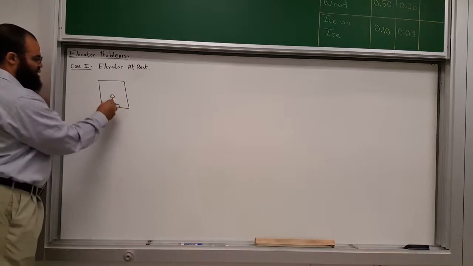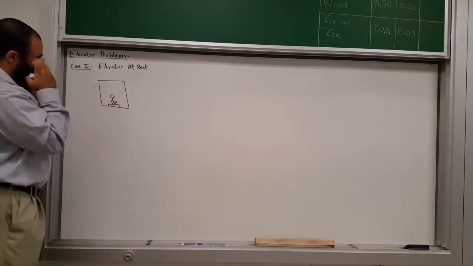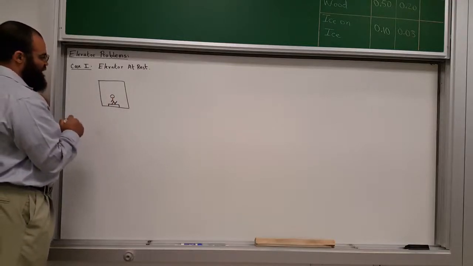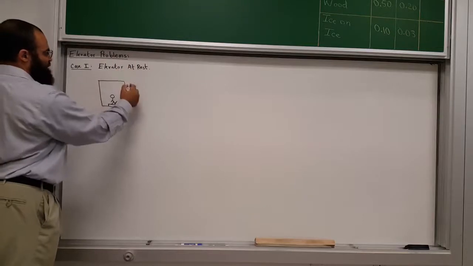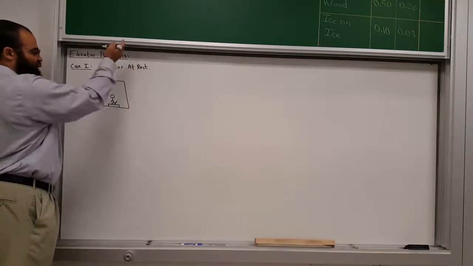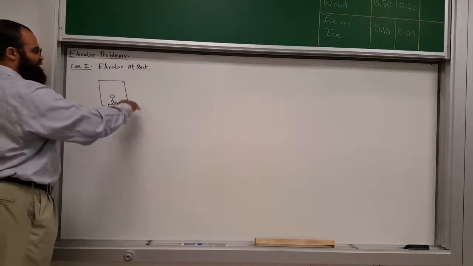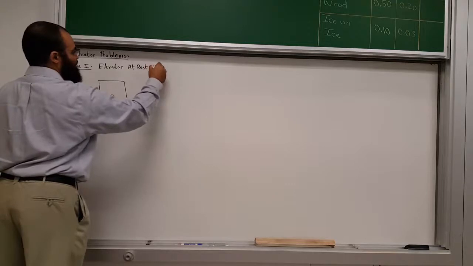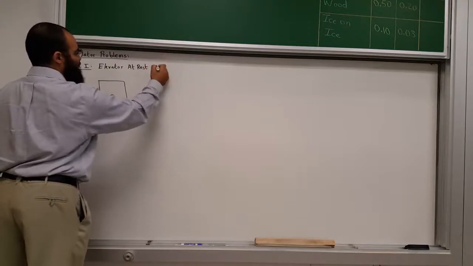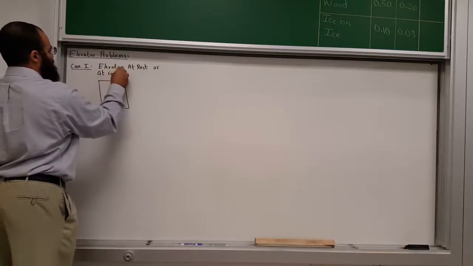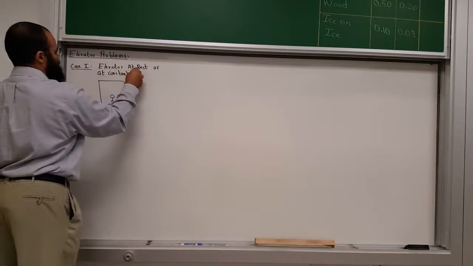You're standing here, right? And let's say you're of a mass m. And so the elevator is at rest. Actually, the elevator could also be moving upward or moving downward at constant speed. At rest or moving, let's do all of these cases in one case because it's really zero acceleration, or constant velocity.